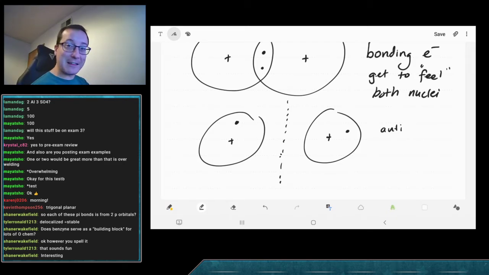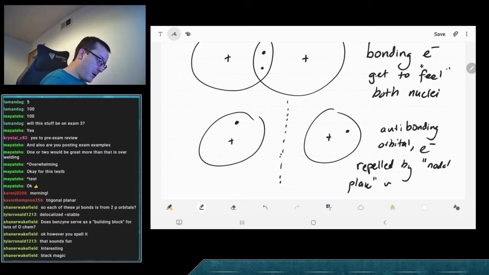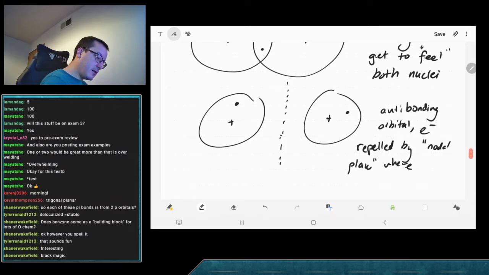If they cancel out, they don't exist there. So in an anti-bonding orbital, electrons are repelled by what's called a nodal plane, where destructive interference occurs.